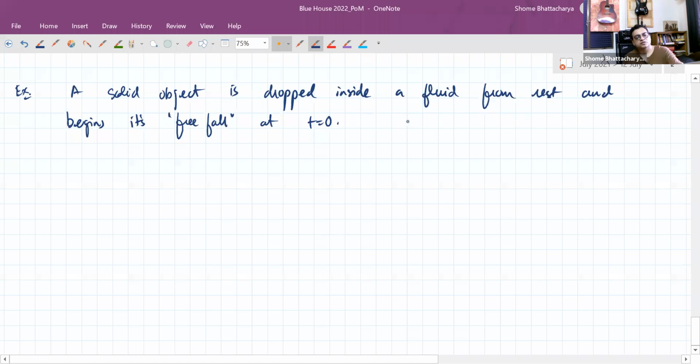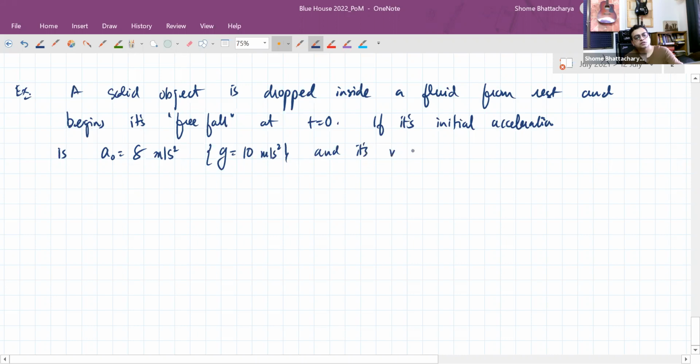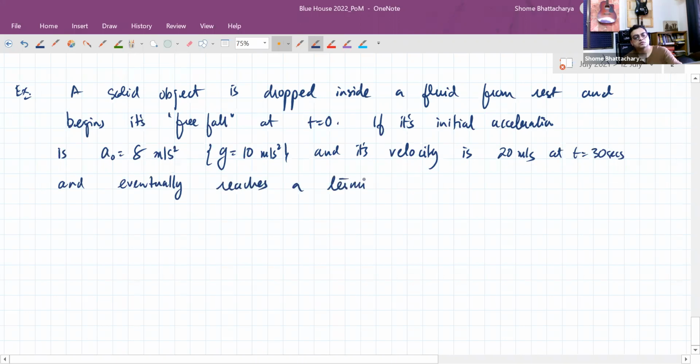If its initial acceleration is, let us say, 8 meters per second square, g is equal to 10 meters per second square, and its velocity is 20 meters per second at t equal to 30 seconds, and eventually reaches a terminal velocity of vt equal to 40 meters per second.